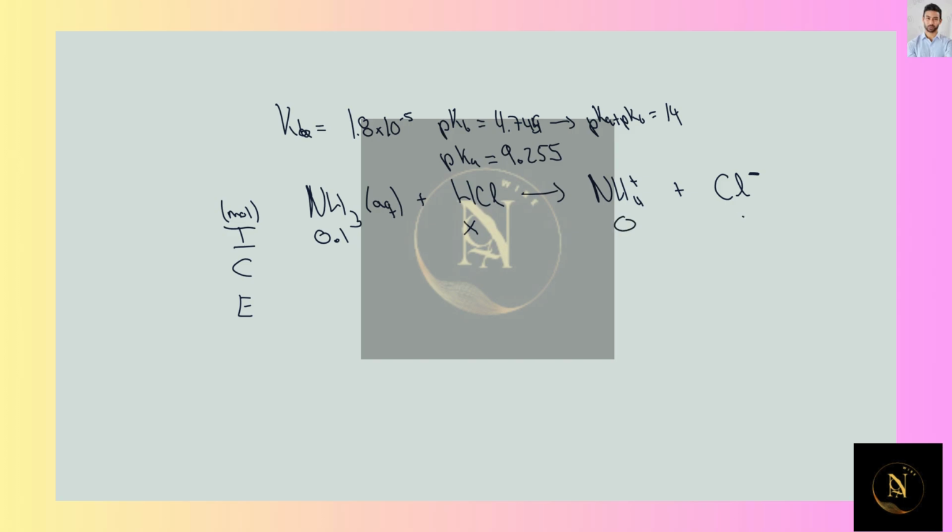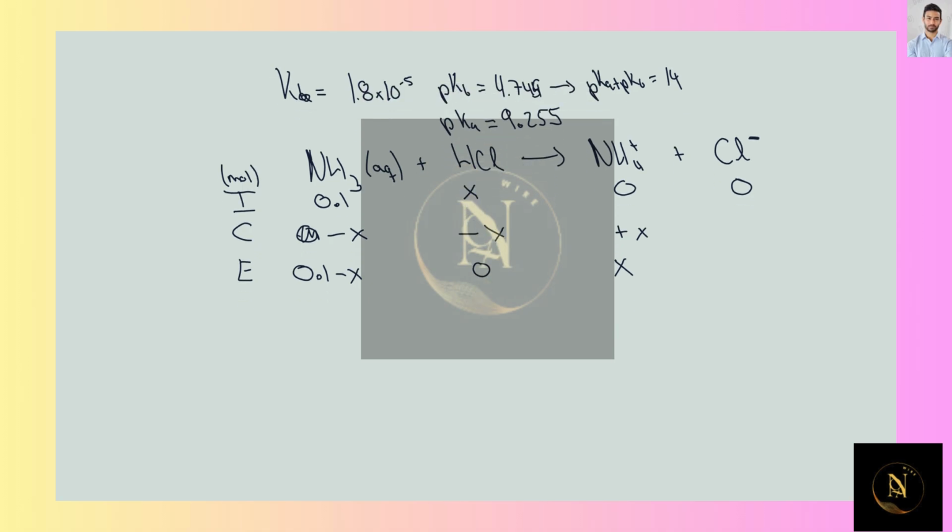And I'm going to start with 0 and 0 of each of them. The limiting reagent, of course, is going to be the HCl. So the amount of change is going to be minus X on both sides and plus X over here. Thus, at equilibrium, I'm going to get 0.1 minus X, 0, and X. All of this in terms of moles.